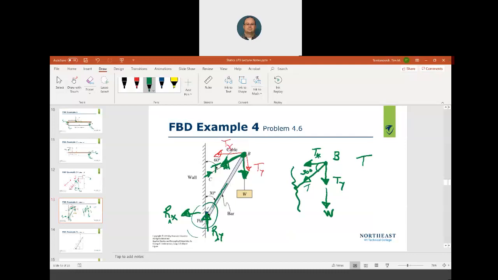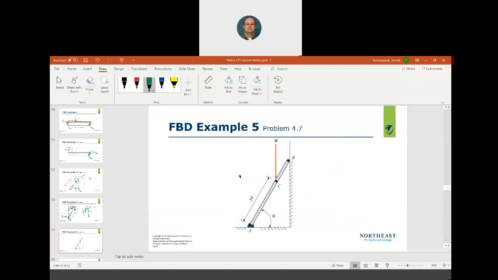Okay, that's that guy. All right, we got a ladder here. Free body diagram. So we have a pin here, right, at point A. We have the reaction at point A in the Y direction.